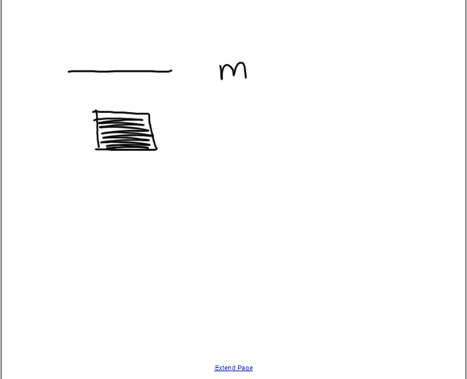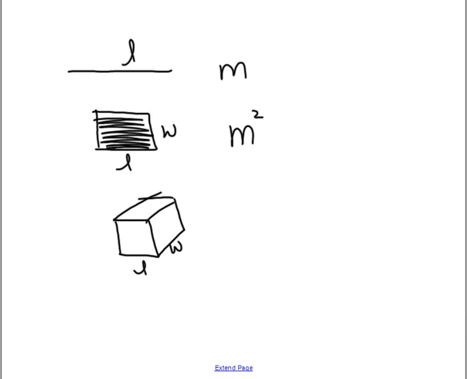This is all being done in 2 dimensions. So it's meters squared. And it has a length and a width. This just had a length. Right? And if it was a box of some sort, then it would have a length and a width and a height. So it has 3 dimensions. So that's why volume is meters cubed.